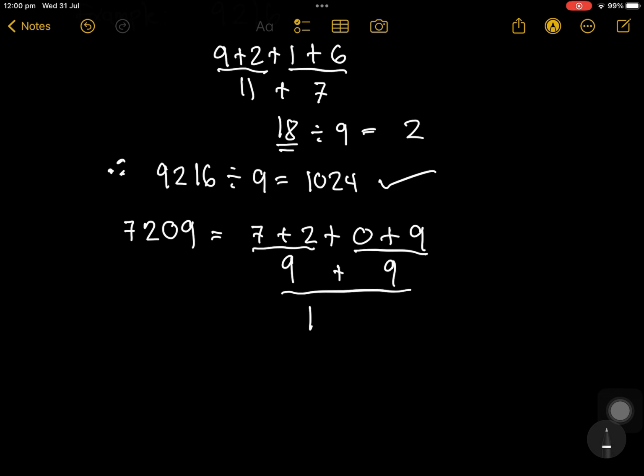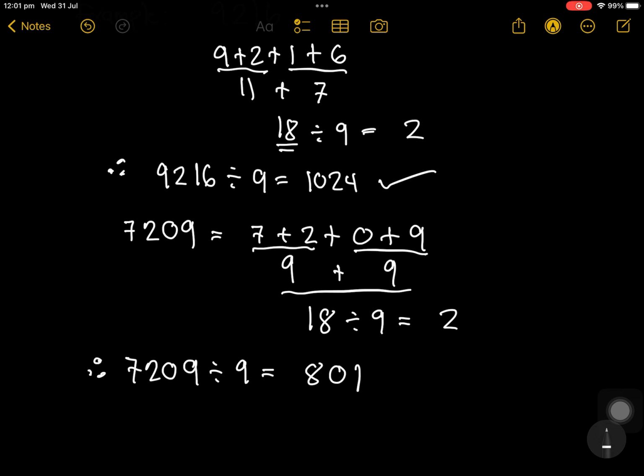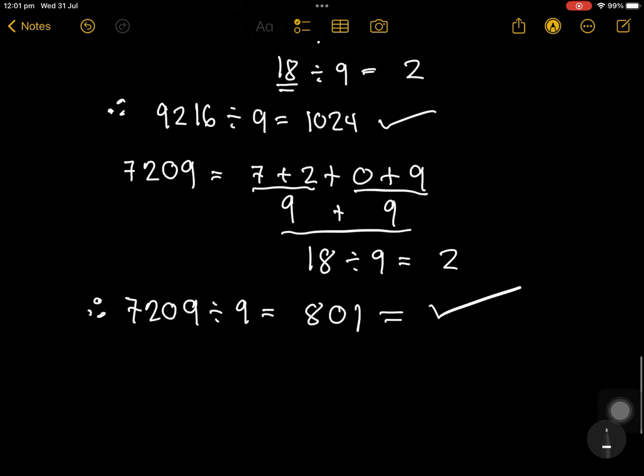Then 9 plus 9 is equal to 18. So again, 18 is divisible by 9, which is 2. Therefore, 7209 is divisible by 9, which is 801. And that is correct. That number is divisible by 9.